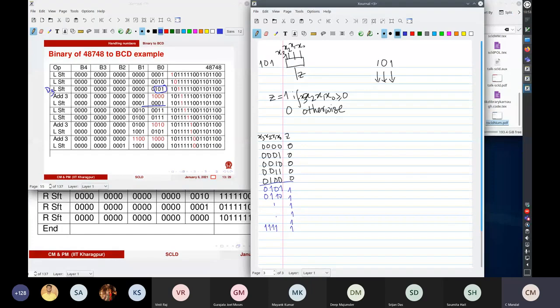So you can think of how to construct this logic. Let us just say that you have this box. All right, you have this box. So what you can do is, you know how to make an adder. So you have an adder.